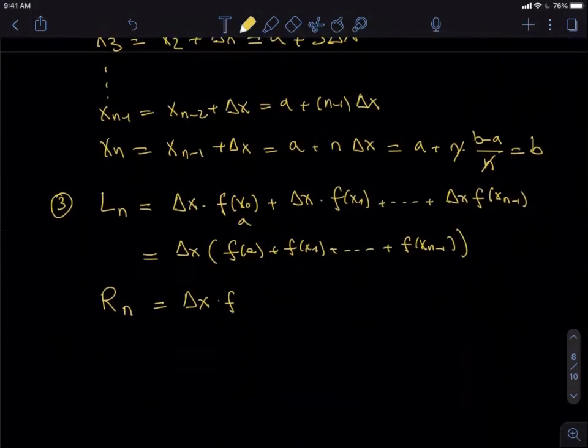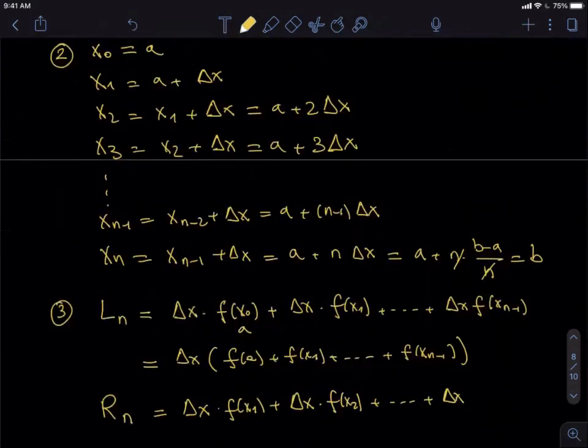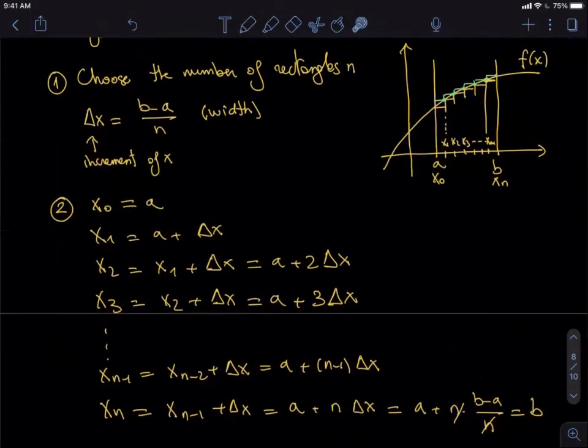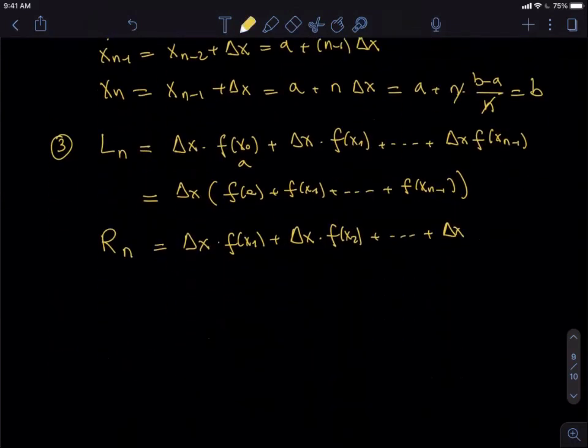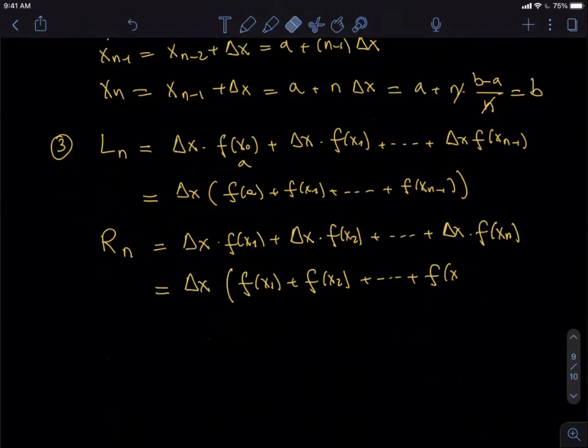So this is f of x1 plus delta x, f of x2, and it goes all the way to the last one, but the last one is the one that has for right endpoint xn. Delta x, f of xn. So this is delta x, f of x1 plus f of x2 plus f of xn, which is b. So let's just write it. Okay, and this is the formula for the right sum.